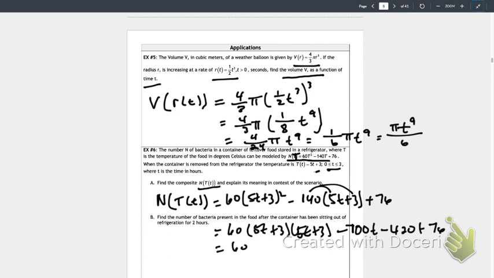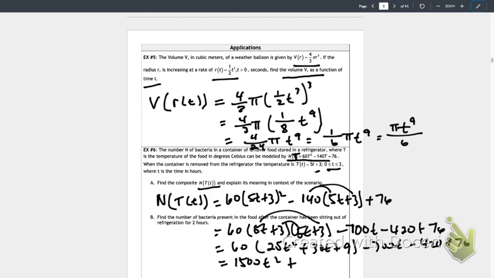Over here we've got 60 times, that'll be 25t squared, plus we'll do 15t and 15t, which is 30t, plus 3 times 3, which is 9. Now we've got to distribute your 60. So 60 times 25 is 1500t squared plus 1800t plus 540.